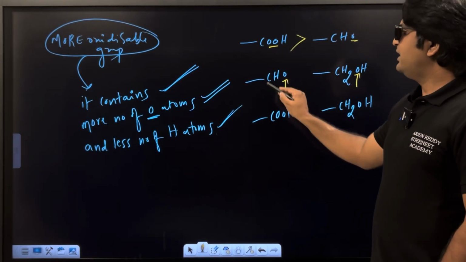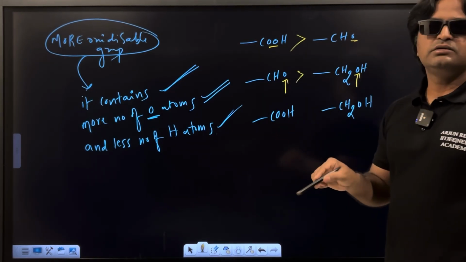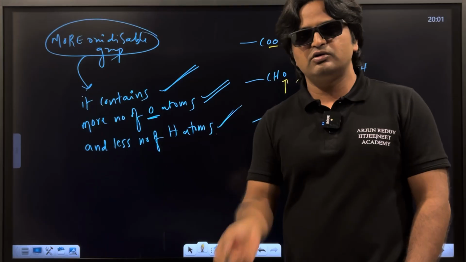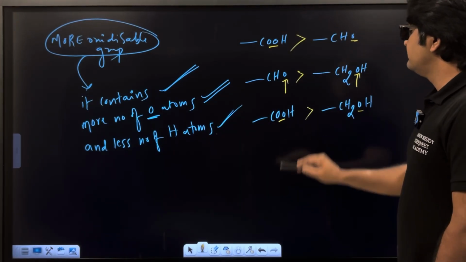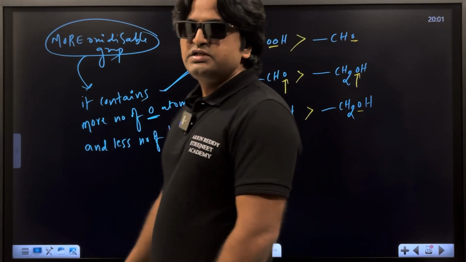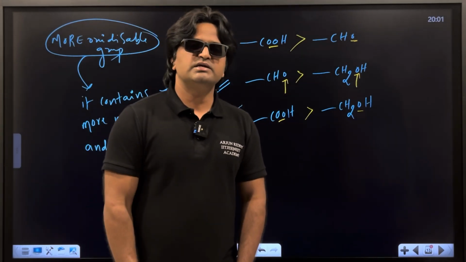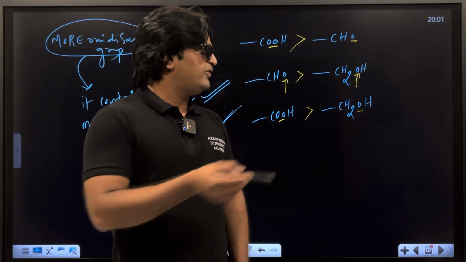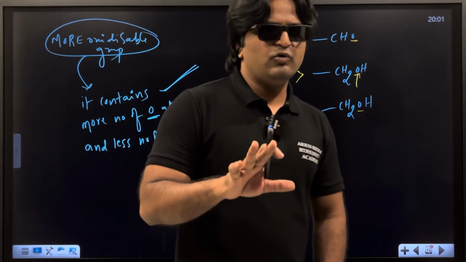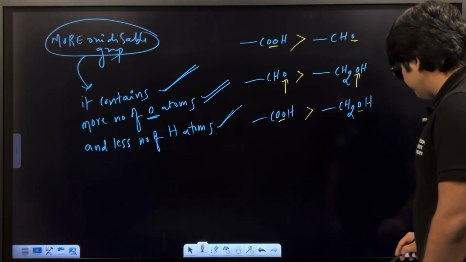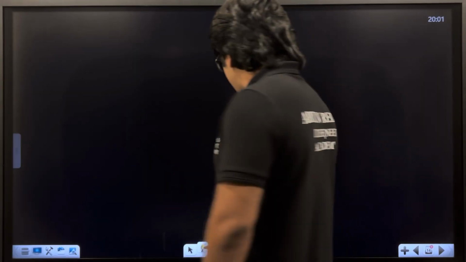The group with fewer hydrogen atoms is the more oxidizable group. COOH, carboxylic acid, is more oxidizable than CH2OH. That is the way of identification. Clear? Fine.